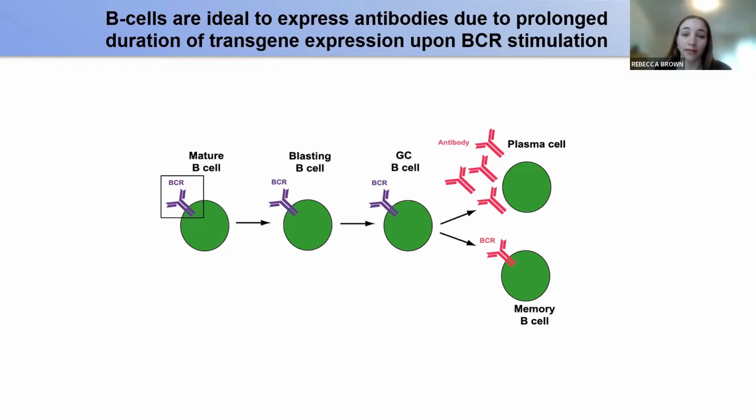Then when the B cells meet that antigen, they'll divide and proliferate and differentiate into plasma cells and secrete antibodies against that viral pathogen, which is very useful for antiviral therapy.